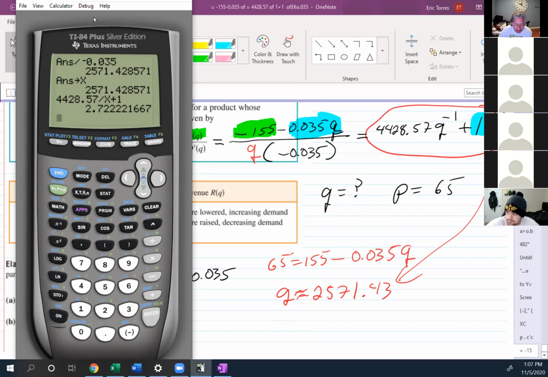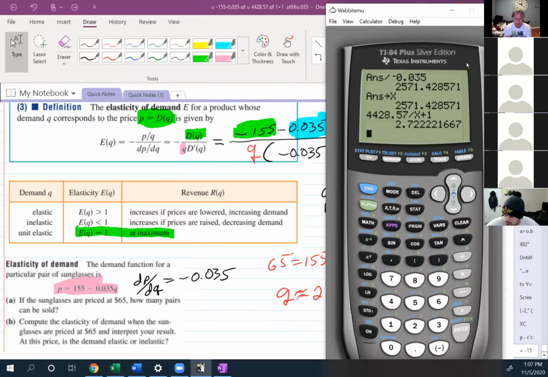So what does this tell me? This tells me that revenue will increase if prices are lowered, and the demand will increase. That's my interpretation. So again, let's talk about how I'm making that interpretation.